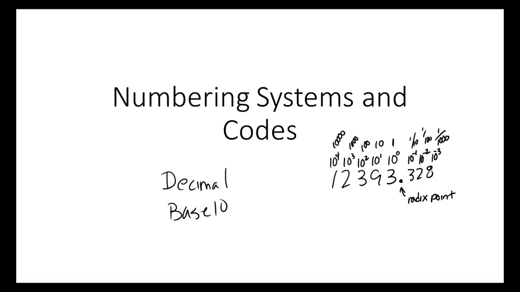Now, the problem with the decimal numbering system, computers hate it, because it's got to deal with 10 combinations. Computers like to deal with very simple things. They like to only deal with 2 digits. What advantage does 2 digits have over 10?